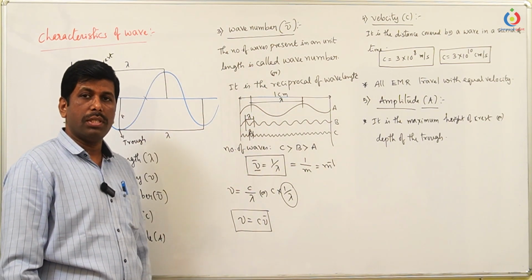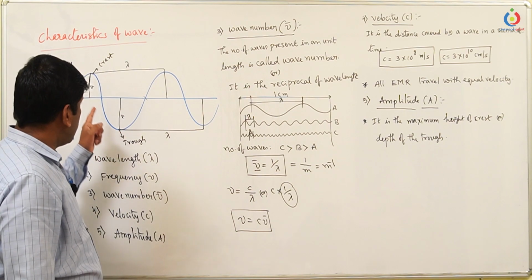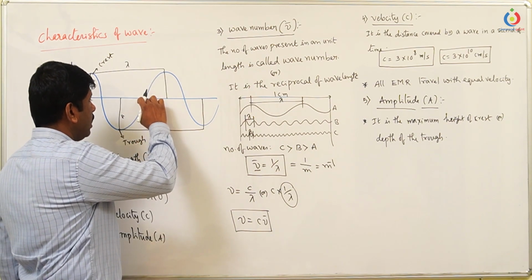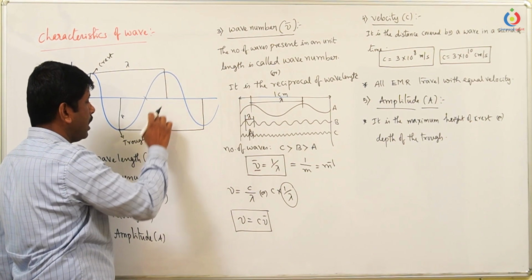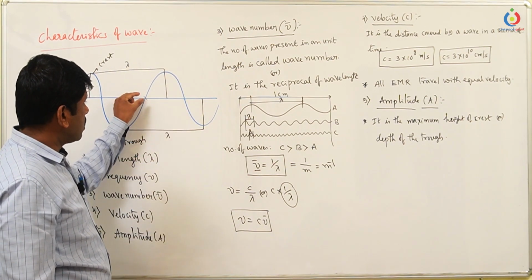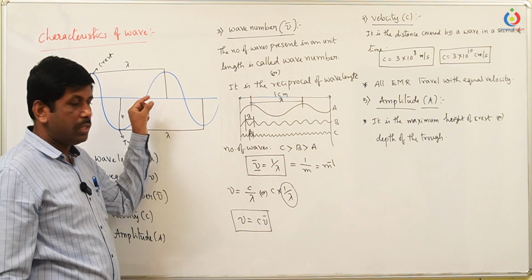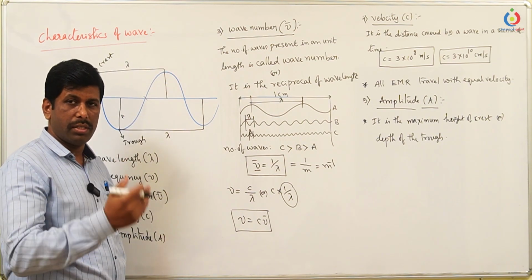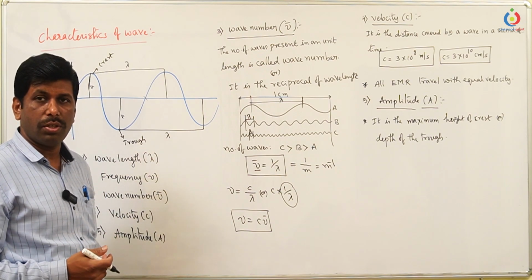Then what are the uses of amplitude? When the height of the crest increases, then automatically the wave value also increases. Value in the sense, a wave consists of small particles of energy. That's why the energy of the wave also increases, brightness increases, and intensity also increases.